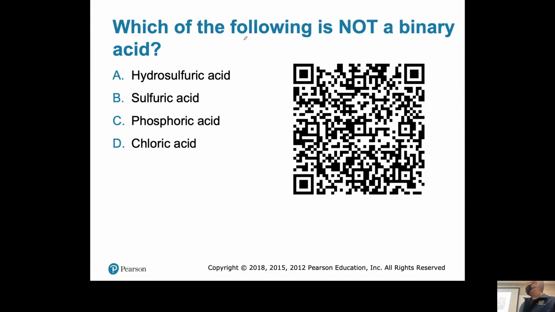Here's your next question: which of the following is not a binary acid? This better come up with the right question.